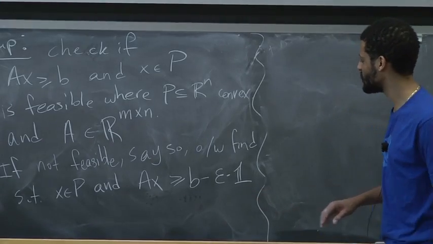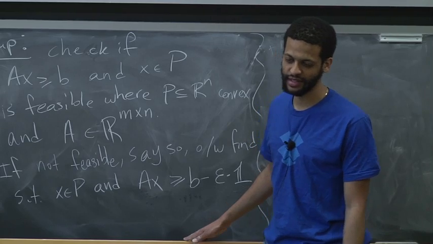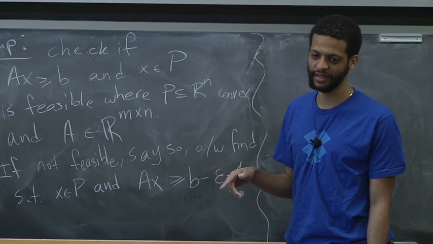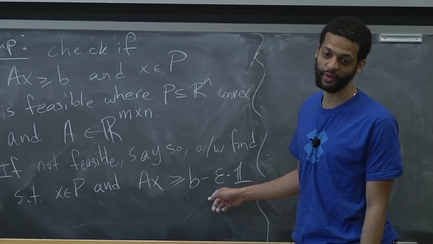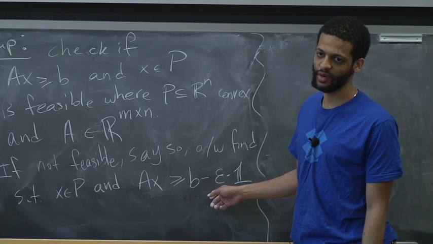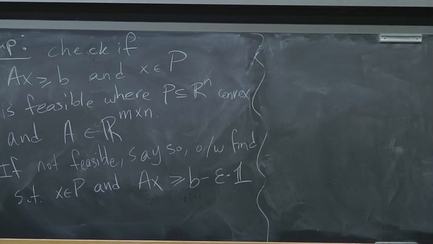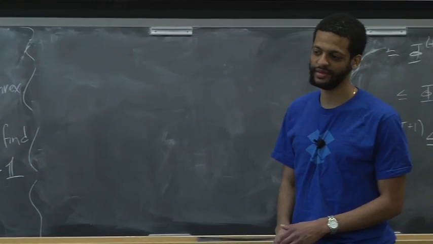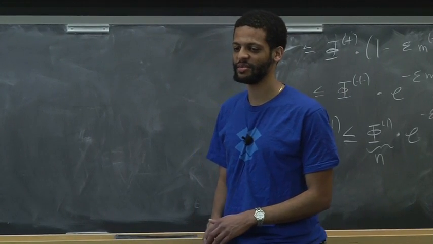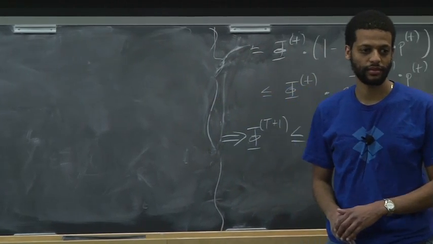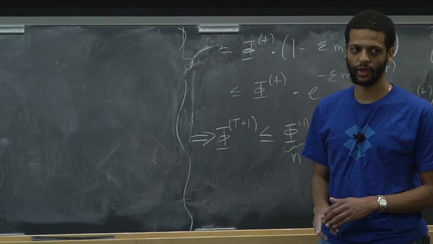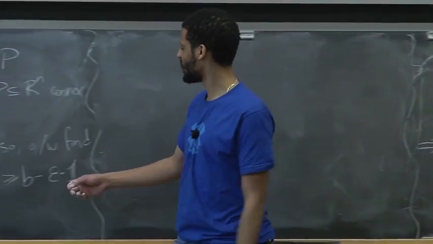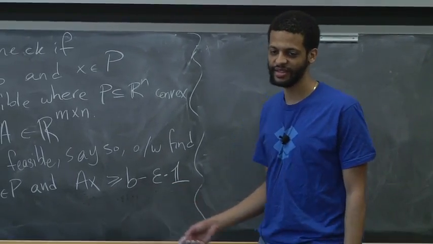The problem is that in order to get this kind of guarantee in multiplicative weights, the number of iterations you'll need to do the updates, meaning this capital T parameter, is going to end up being something that's polynomial in 1 over epsilon, whereas with interior point, we were getting away with something like log of 1 over epsilon. So it would just be extremely slow is the problem. Okay, any other questions? Actually, that epsilon should really be exponentially small in L, is the point.